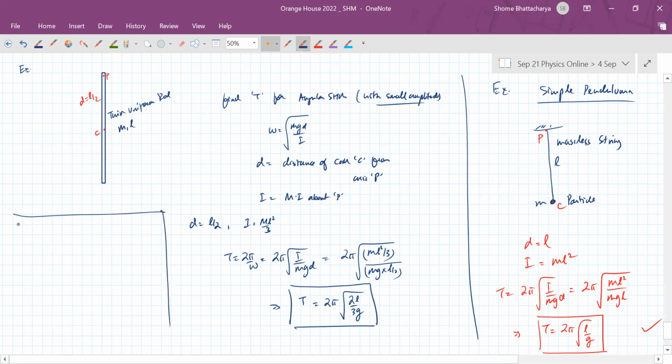In the same case of the rod, suppose we had a situation where the rod is suspended at a point like this, which is at L by 4.